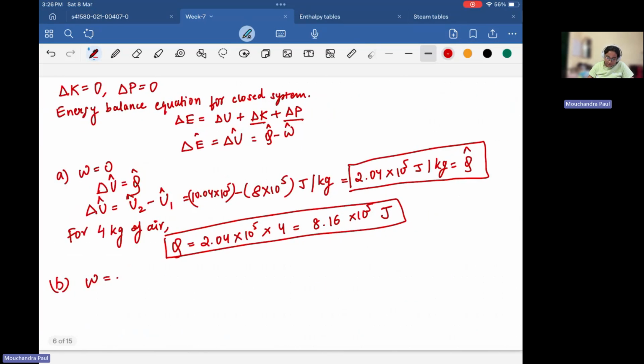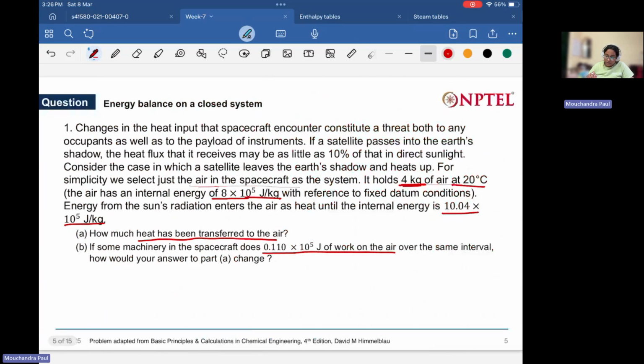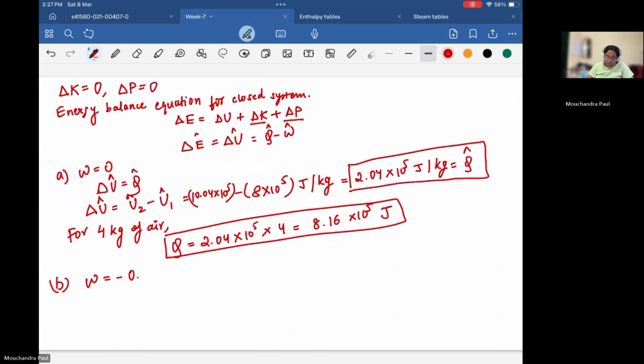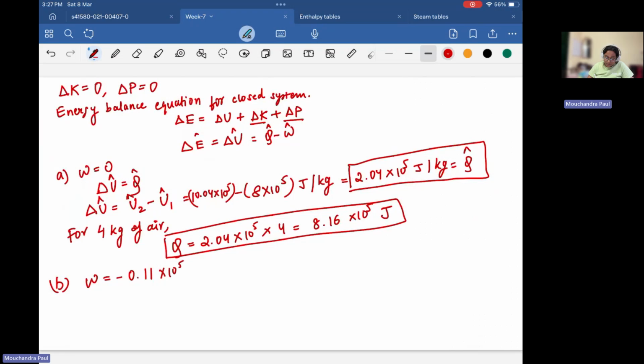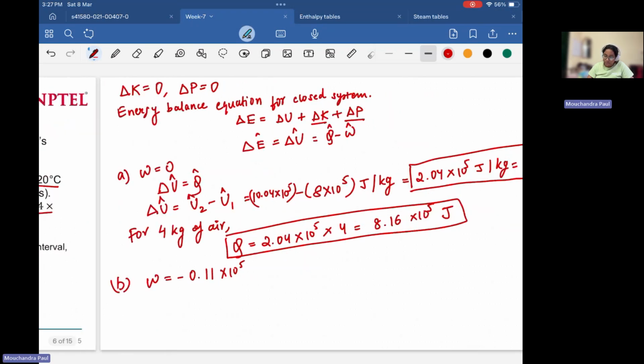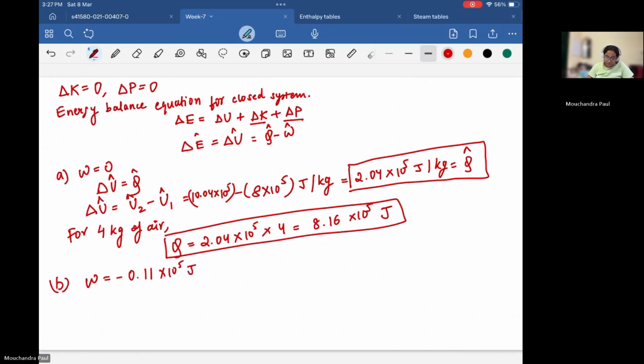The value of work will accompany a negative sign, so it will be minus 0.11 into 10 to the power 5 joule. That is the amount of work that has been done. From the previous part, you know delta U is equal to Q minus W.